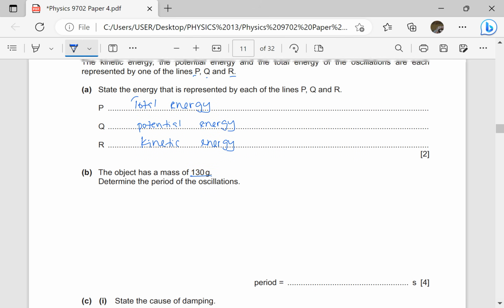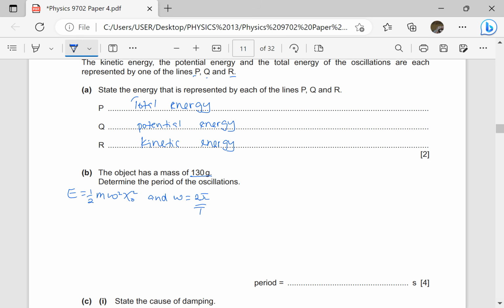So we have already known from simple harmonic motion videos that energy is equal to a half m omega squared x naught squared. That is maximum energy. And also note that omega is equal to 2 pi divided by T, and I want T. So I'll just substitute.